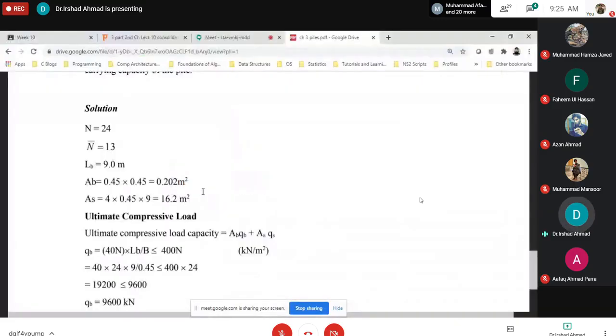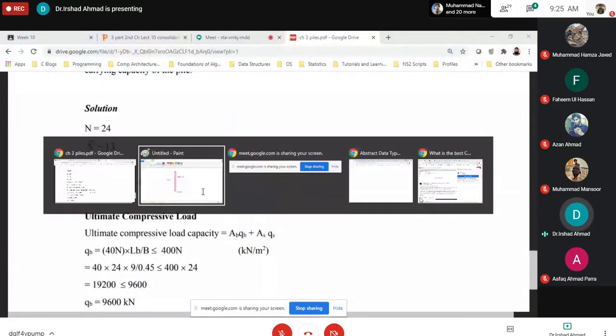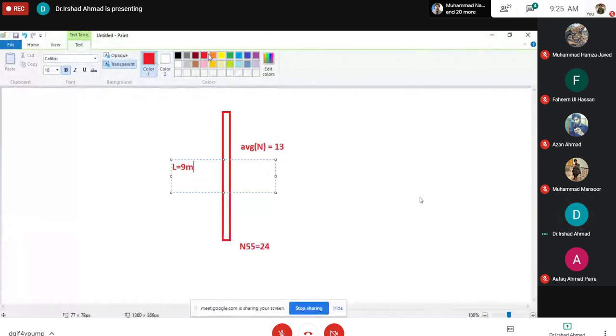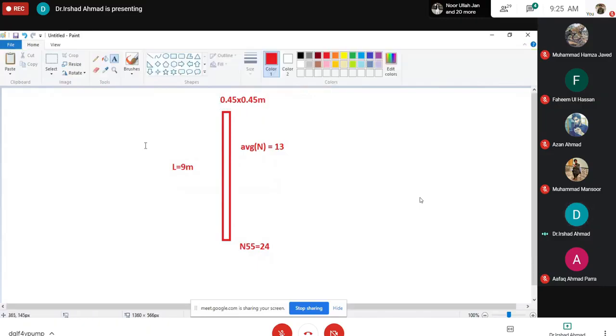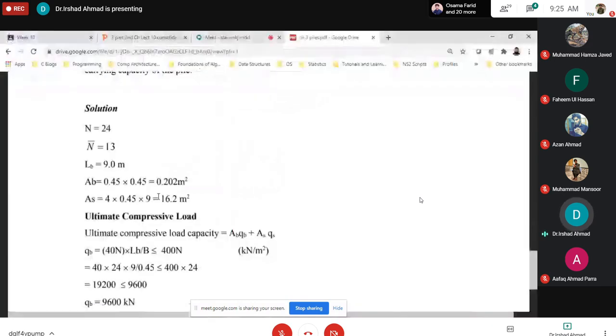and the cross section of the pile is 0.45 by 0.45 meter. Okay? So we want to find out the capacity of this pile, and we have a very good equation here.